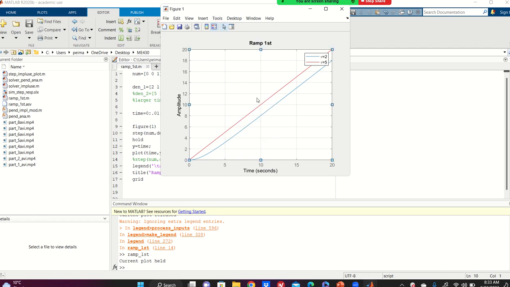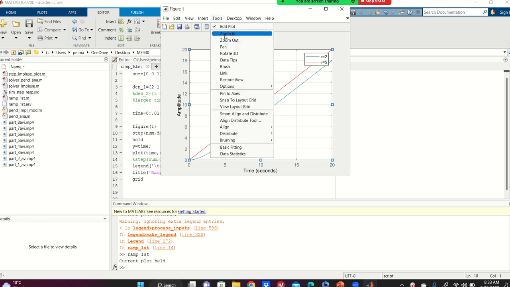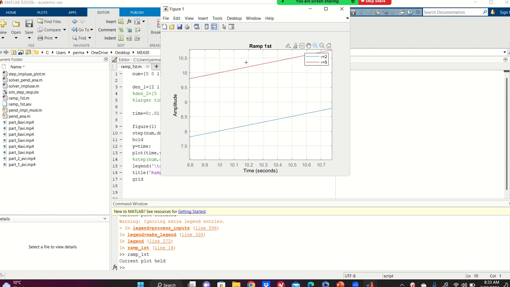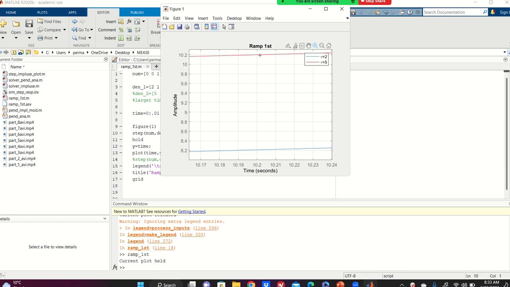Look here. If you zoom in here, see? Here we go. Here is 2 seconds exactly. See? 10.2, 8.2. It's 2 seconds.